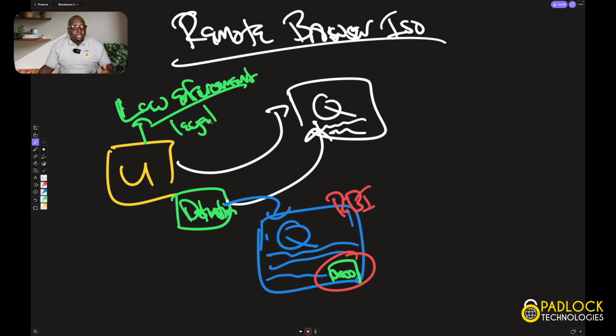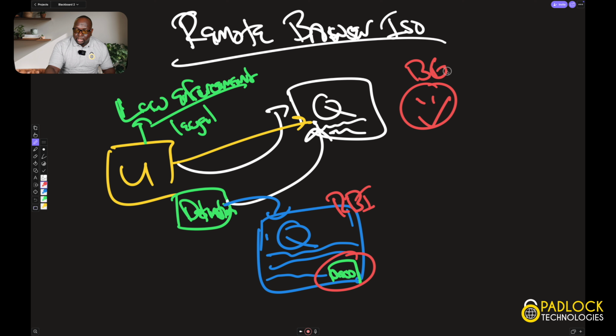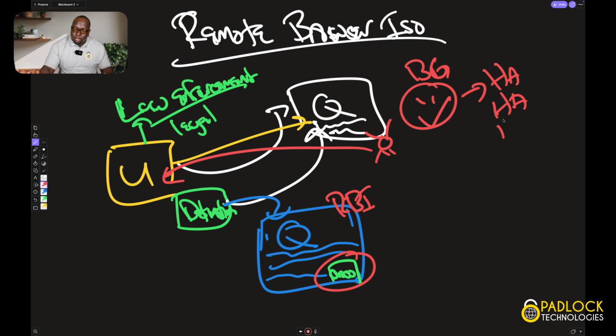Again, just like I said, if I happen to get malware, if you do it this way and you go directly to the site, well, if I'm a bad guy back here and I send malware, I can go directly to your machine, and now the bad guy's like, ha ha ha, got you, right?